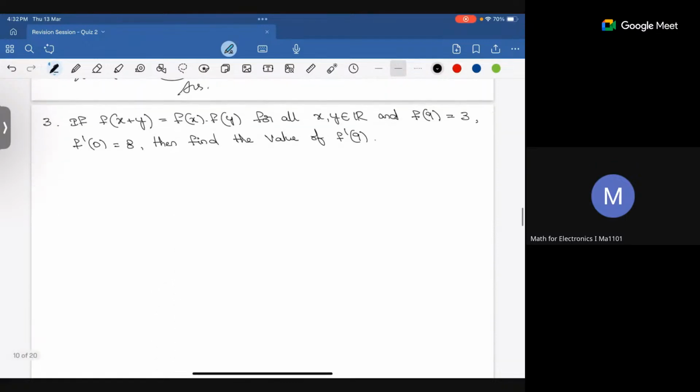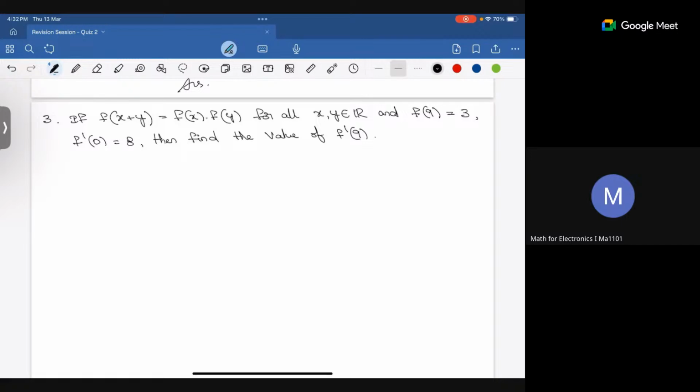Now let's solve one more problem related to these derivatives, and we'll close the derivatives part here. Okay, so this is one of your activity questions, if I'm not wrong. You have a function given to you such that it satisfies some condition: f of x plus y is equal to f of x times f of y.